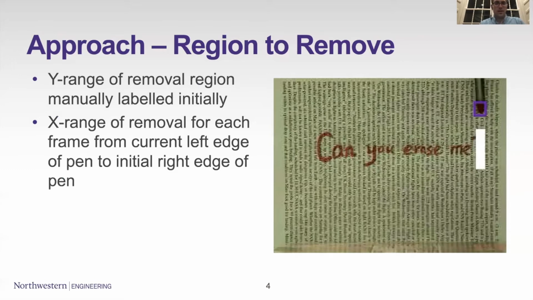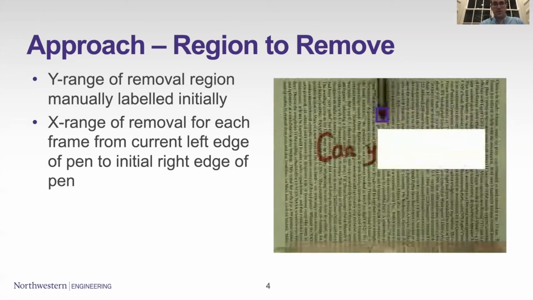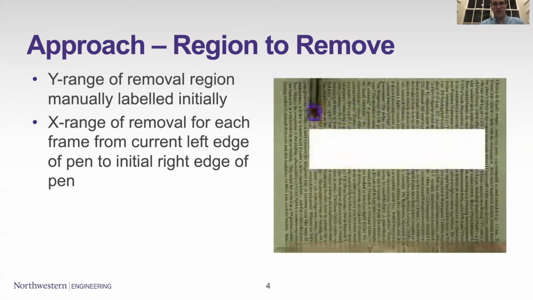And then the X range for that rectangle of the erased space is determined based on the current position of the left edge of the pen bounding box, and then from there to the right edge of that pen tip bounding box in the original or the initial frame of the video. And so you can see here what that looks like as it traces across. Now with the pen tip, you're seeing the rectangular region to be erased forming underneath of it.